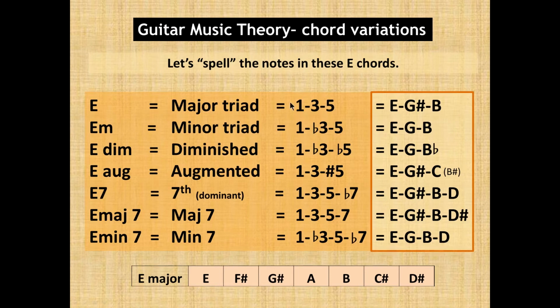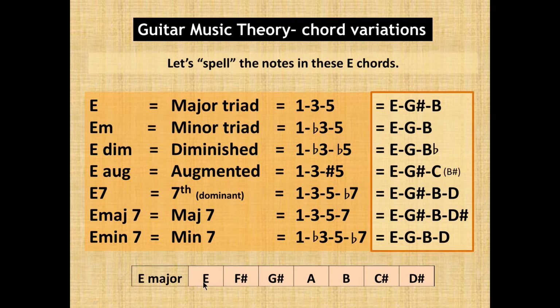So the formula for the E major we already talked about, the first, third, and fifth. So this is 1, 3, and 5, the fifth note in the E major scale. In the case of a minor chord, what changes is that the third note is flatted. So you flat the third, and that becomes the minor chord.